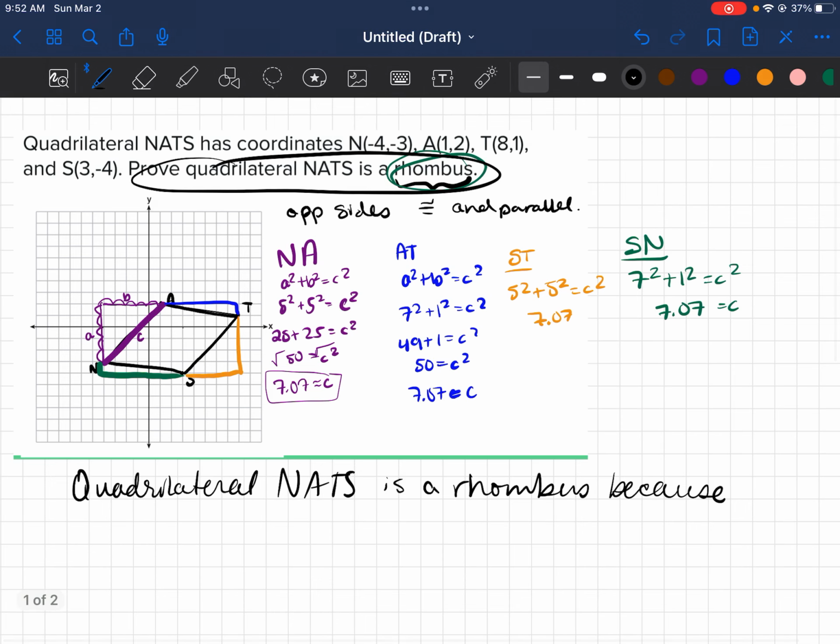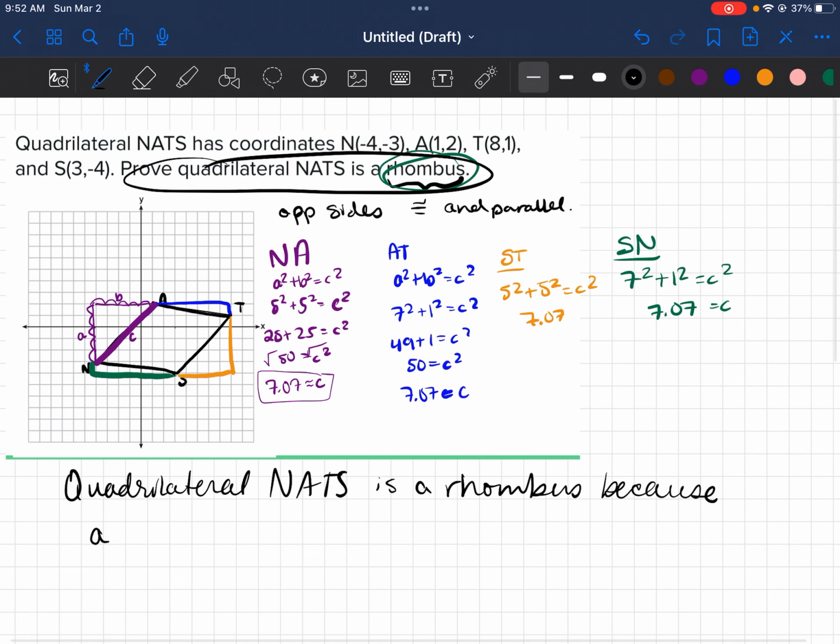And this could look many different ways. I'm going to say a rhombus has 4 congruent sides. And so I now need to include my evidence in this. I say it has 4 congruent sides, and then I could say all 4 sides.